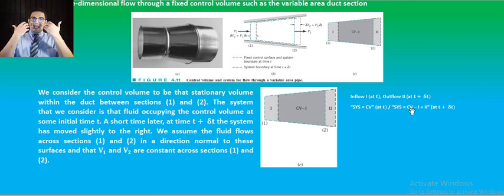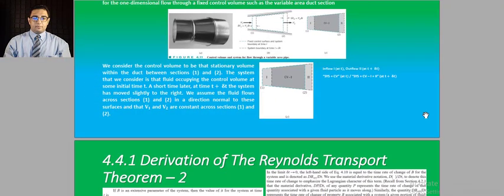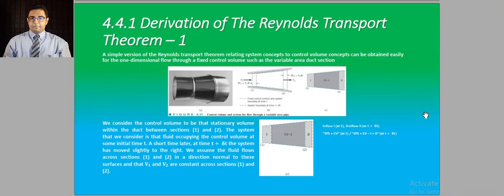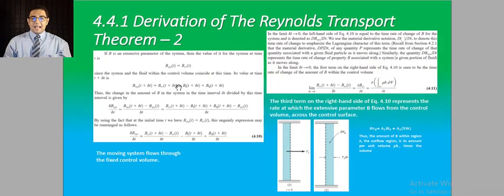So in the new situation, after delta t has passed, at time t plus delta t, we have the control volume minus region 1 plus region 2 at time t plus delta t. As I told you, at time t, the parameter B of the system is equal to the corresponding one in the control volume. As time passes, it is going to change.